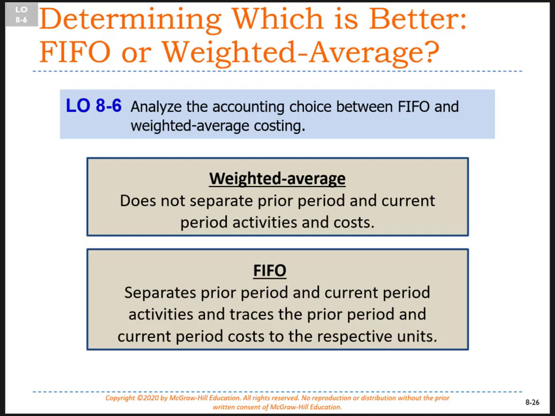So, for instance, if you did better on the last test than the one previous, you probably would rather have more focus on the current test than on the old test. Okay? Weighted average is just going to average them together. FIFO is going to put more emphasis on the current.